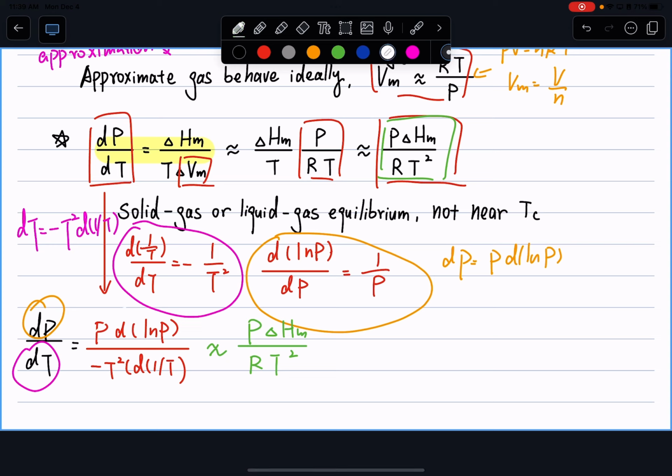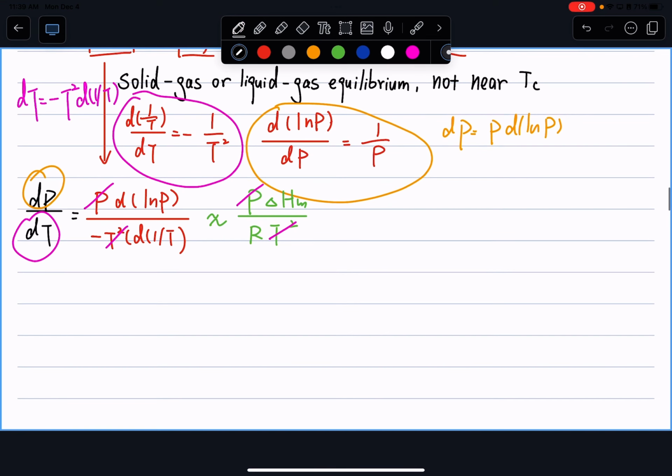So P and P cancel out, T squared and T squared cancel out. So our final expression is d ln P over d(1/T), that's roughly equal to negative delta Hm over R.